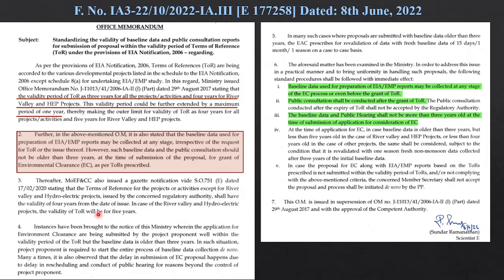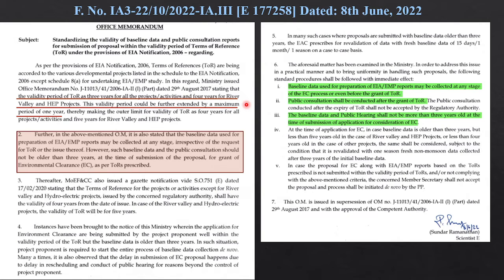So this is an important notification published by the MOEFCC. In the earlier notification, the validity of TOR was 3 years for all projects or activities and 4 years for river valley and hydroelectric projects, and this validity could be further extended by a maximum period of 1 year.